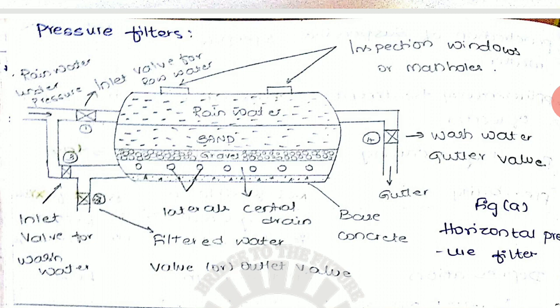The first layer, sand, absorbs water immediately and passes it into the next layer, that is the gravel layer, and the maximum water will be percolated down below the gravel bed through the laterals, and the water is flowing towards the outlet valve, and this water can be used for further treatment for chlorination purposes.